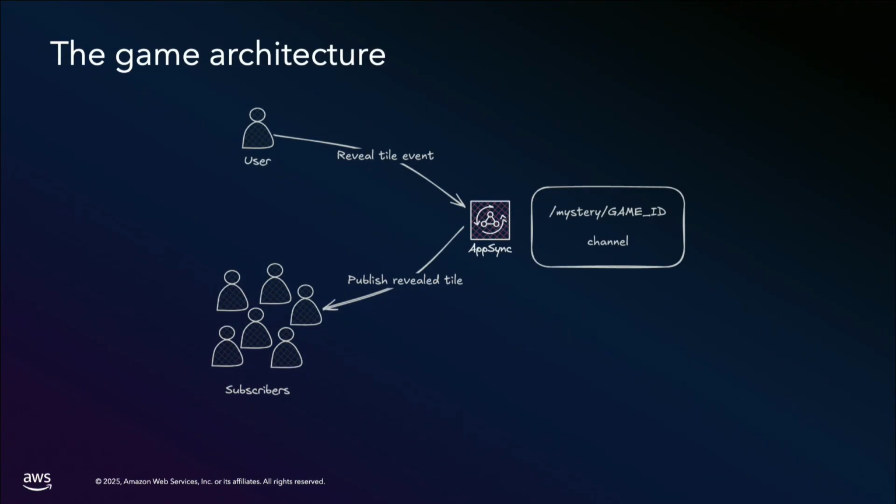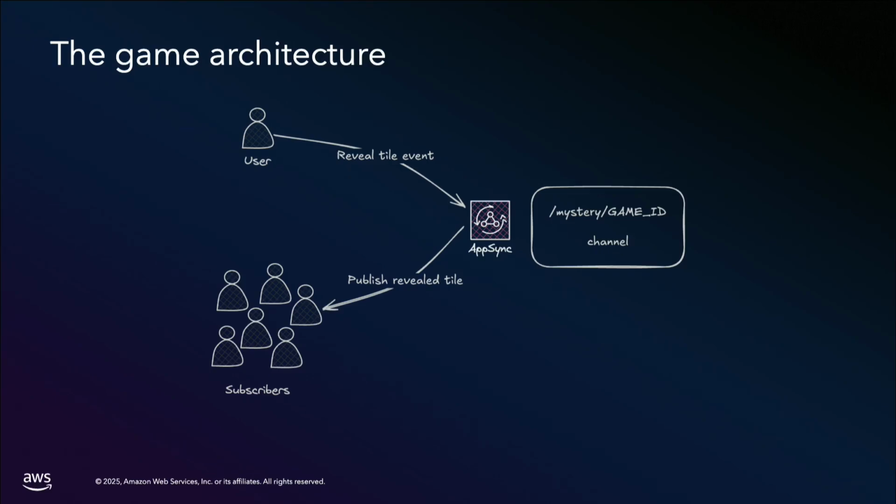As you can see, we have a user, which is probably you, the audience, and we have the subscribers, which is also you, the audience. So you will be clicking on tiles, and you expect to see those tiles being revealed from your clicks, but also from clicks from the audience. And how do we do that?